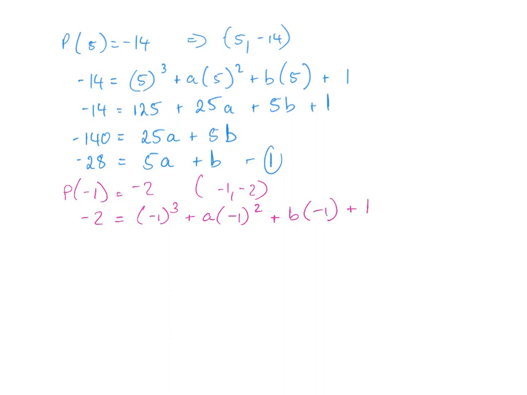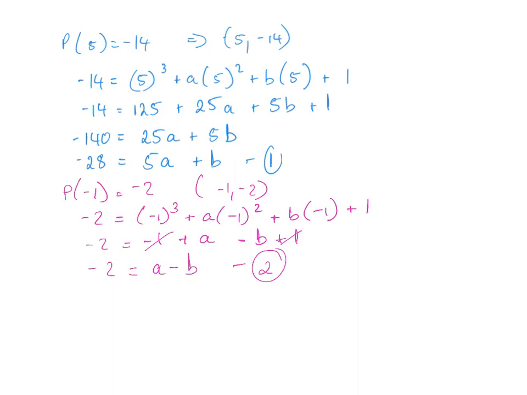Tidying it all up, you get -2 is equal to -1 plus a, minus b plus 1. Get all your numbers over one side. That cancels with that anyway, and you're left with -2 is equal to a minus b, and that is your second equation.